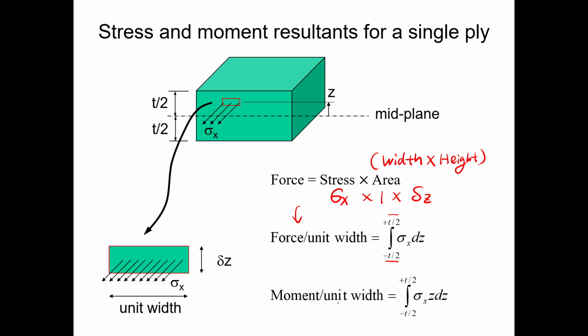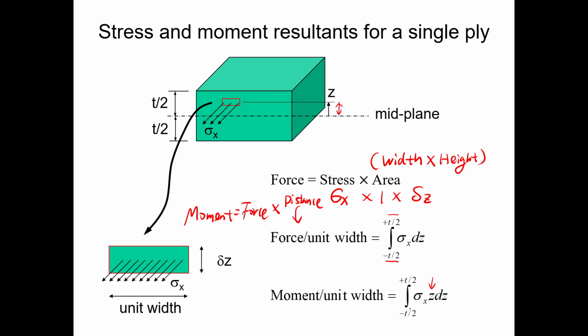And similarly for the moment, essentially it is the force. Okay, moment is the force times the distance, the arm length, right? So essentially on top of that you have the extra term, the distance z, which is the one here, and that gives the moment.